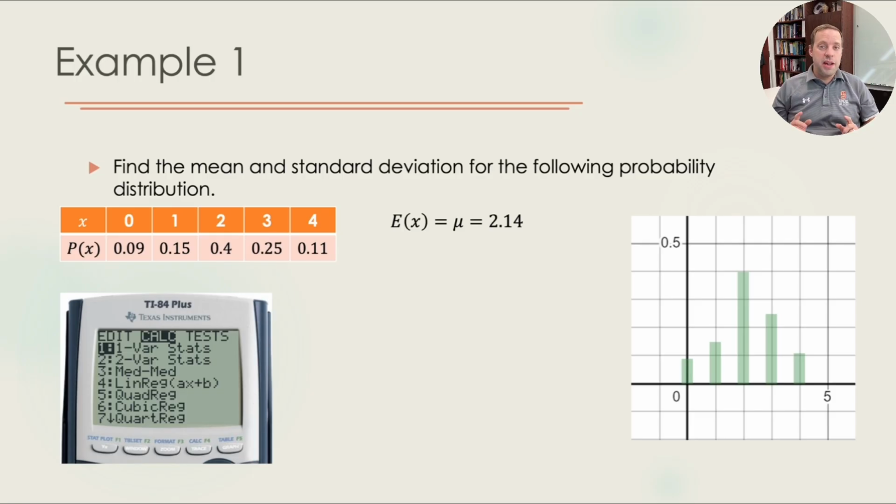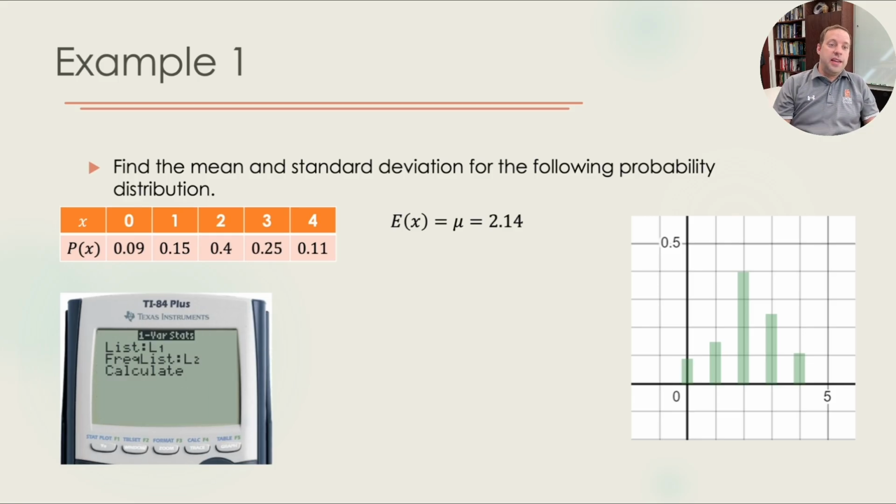This is what we did for our quantitative variables. But now there's one difference. Remember that before we would put our list that has our data in it, and we would leave that frequency list empty. Now that we're dealing with a probability distribution, we're going to put the probability list in that frequency list spot.